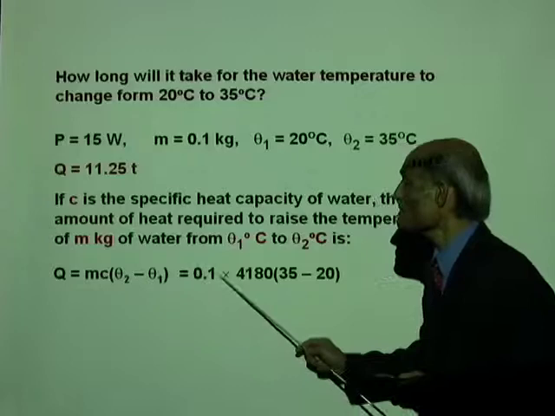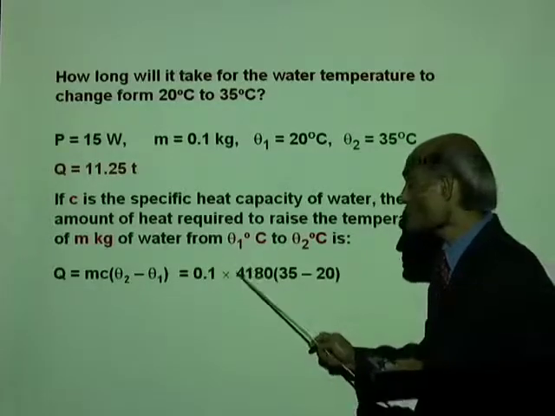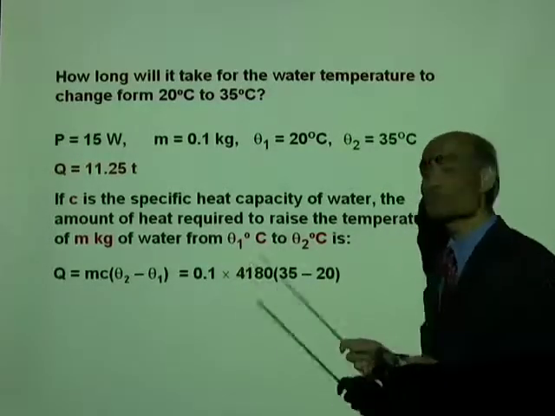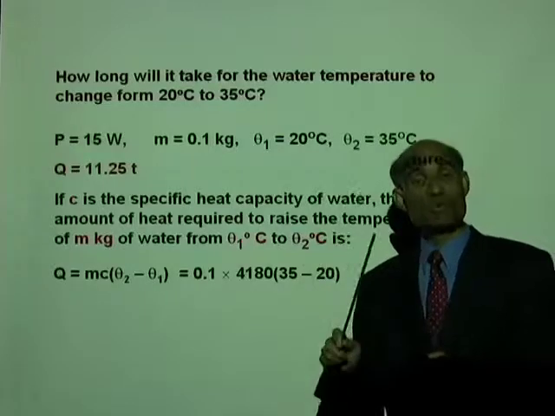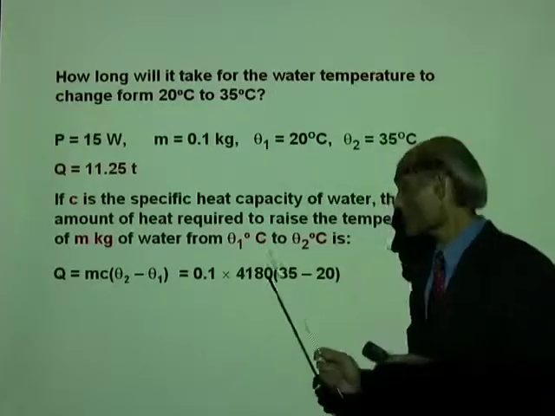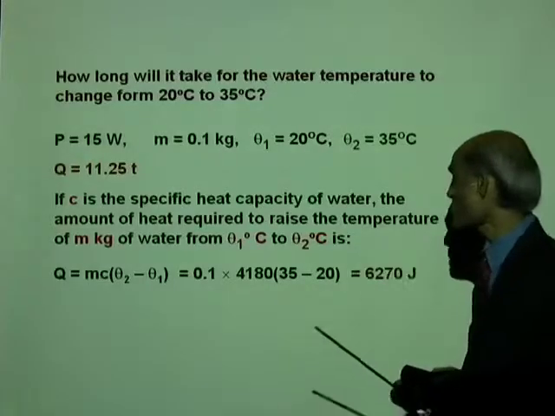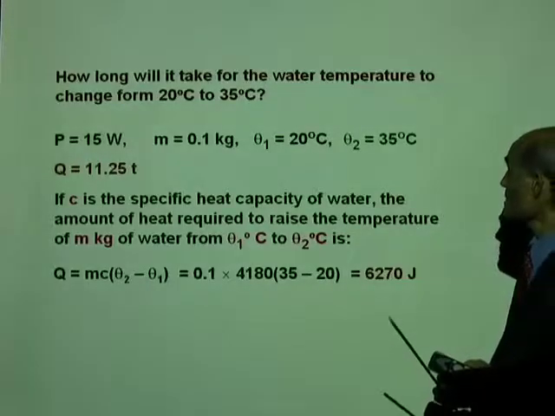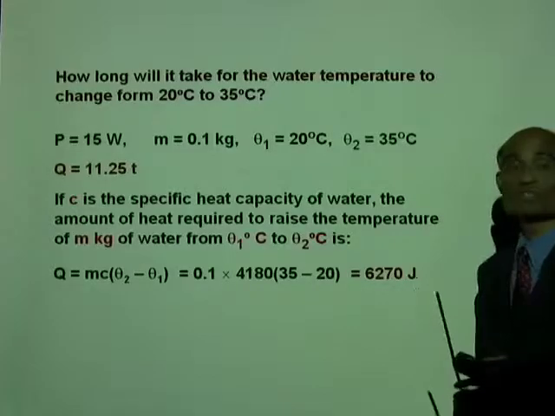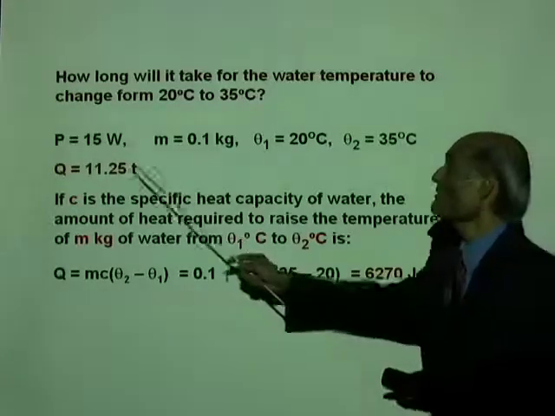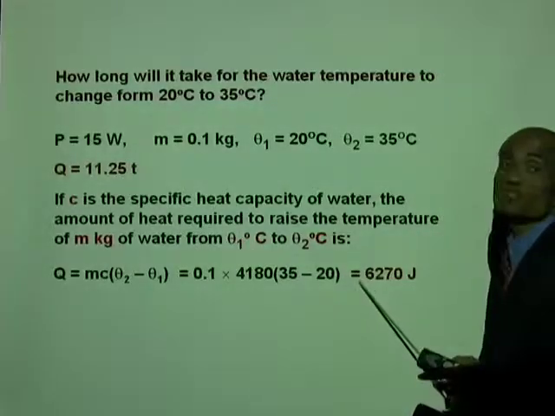So the mass is 0.1 kilogram, specific heat is 4,180 joules per kilogram per Kelvin. The change in temperature is 35 minus 20, and that will be 6,270 joules. Now I have colored these two quantities similarly.